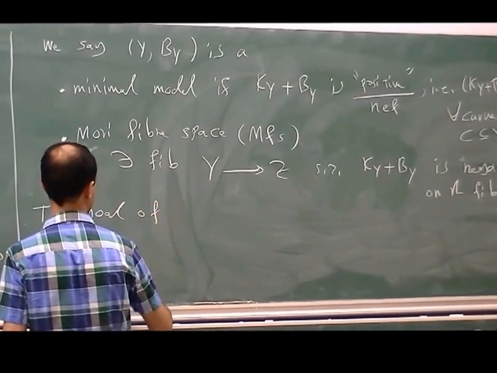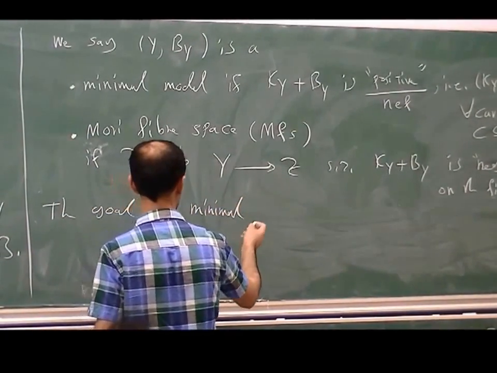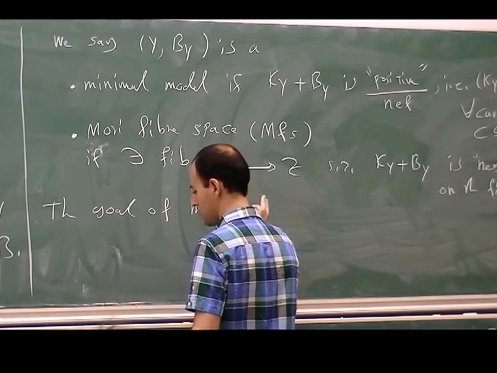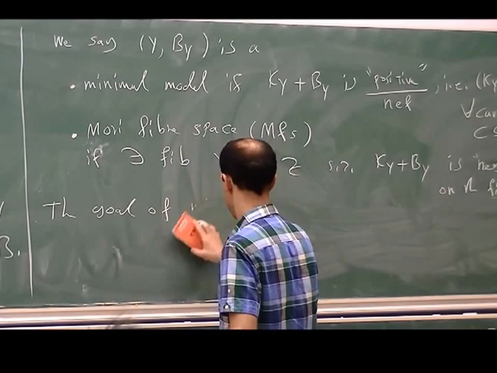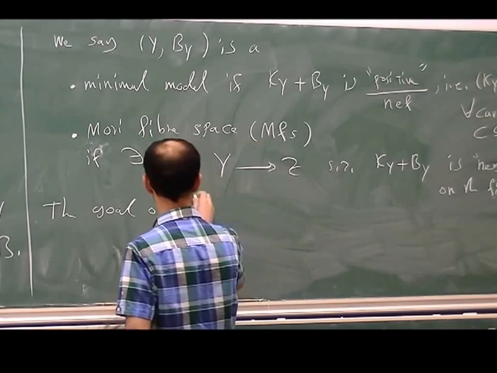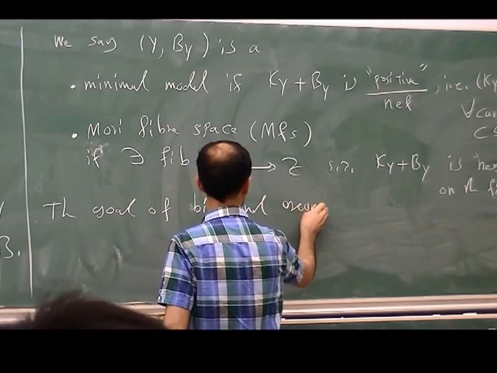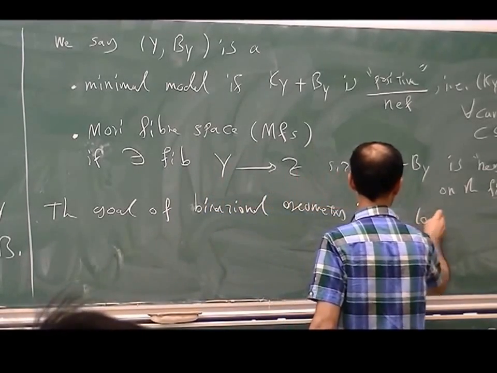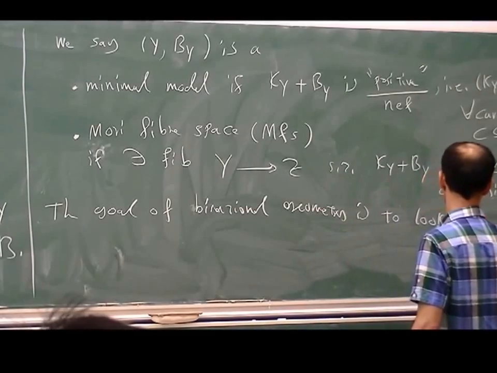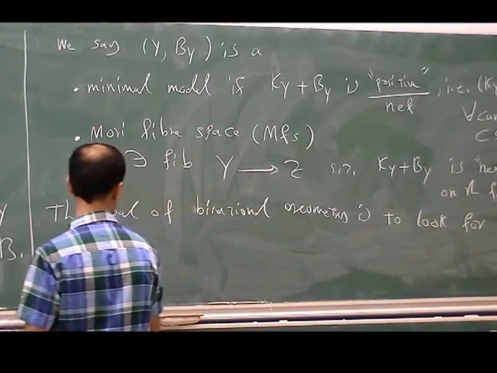So the goal of the so-called minimal model program is actually just birational geometry. So we are interested in looking for such a very special kind of model.